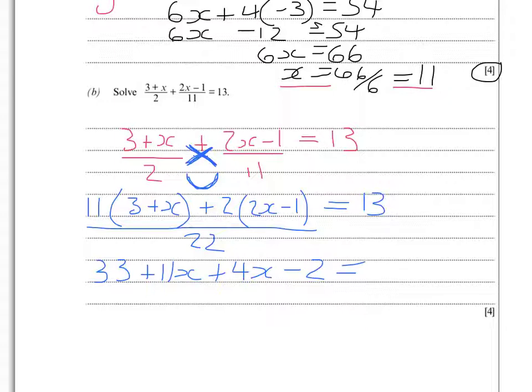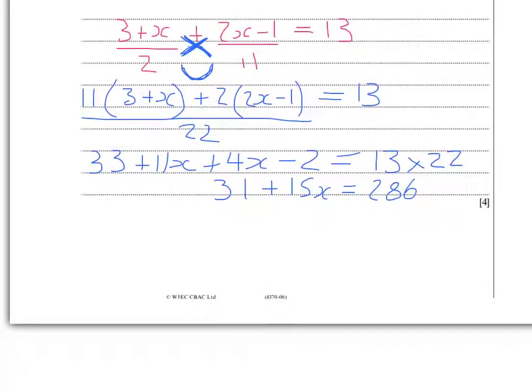And to get rid of that divide by 22, I'm going to times by 22. So we've got 13 times 22 on the right. And so 33 minus 2 gives me 31 on the left hand side. 11x plus 4x is 15x. And 13 times 22 is 286. So what do I need to do to solve this?